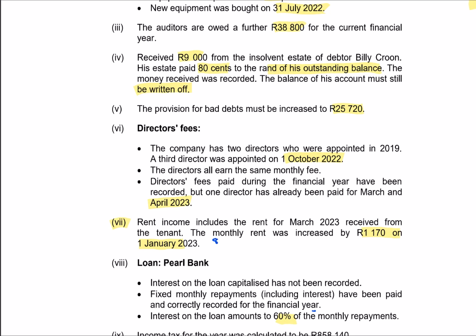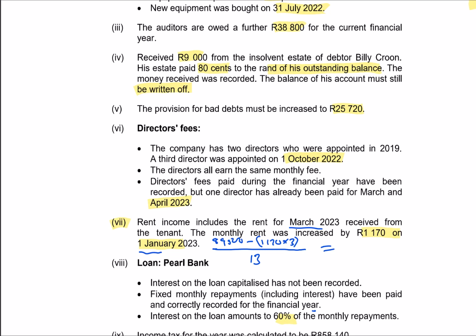So that will be 89,500 minus the component of the increase: the rent was increased on 1 January, so to March, that's 3 months, 1,170 times 3. And rent was paid for 13 months, because your year ends on 28 February 2023, but March was received as well, so that basically means 13 months.